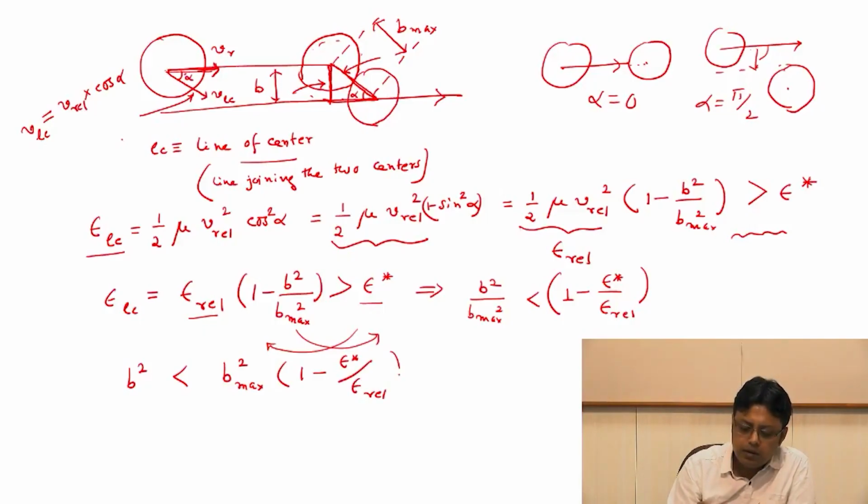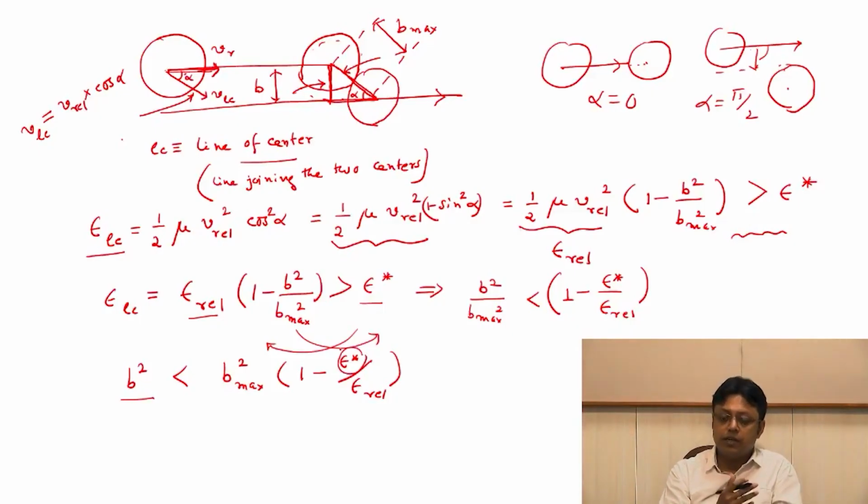So think about it: if epsilon star is 0, which means there is no activation energy, then the only criterion we have is that b has to be just less than b max. So any collision will give me a reaction.